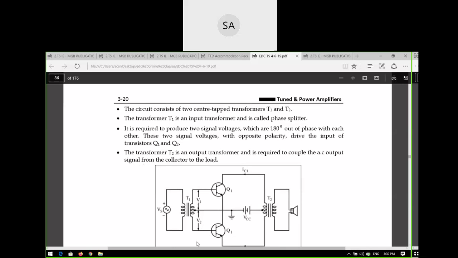That means they are opposite to each other. The two signals generated are V1 and V2, with a 180 degree phase shift.